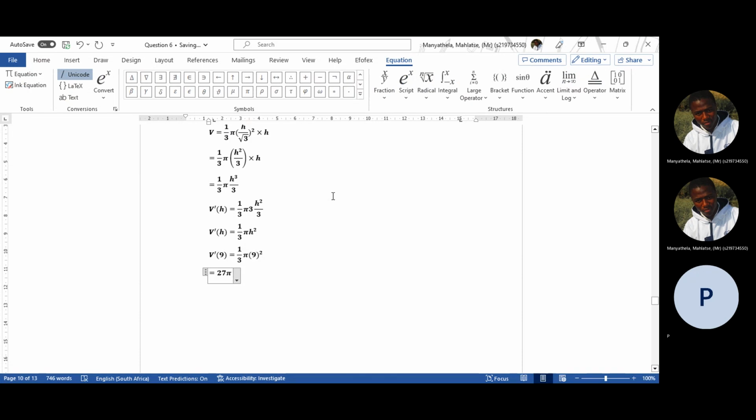You can choose to round it off or to write it as a decimal, but even if you leave it like this, you still get your full marks. So the final answer is 27 pi.